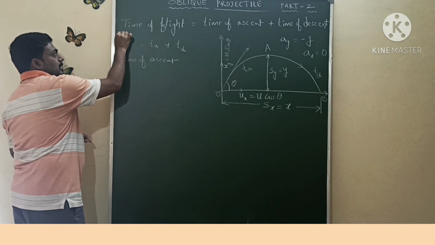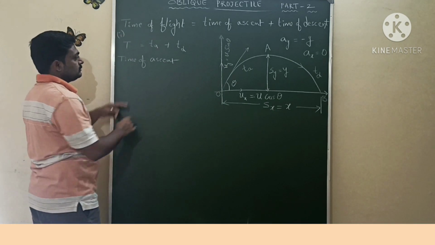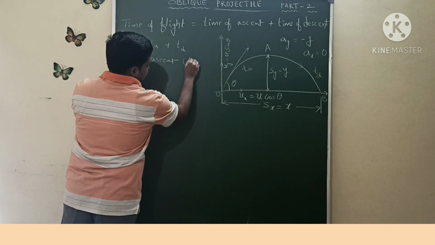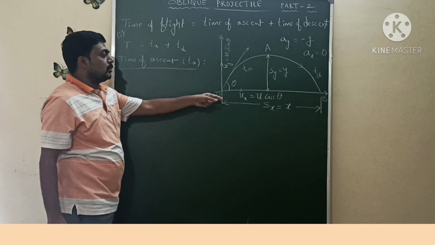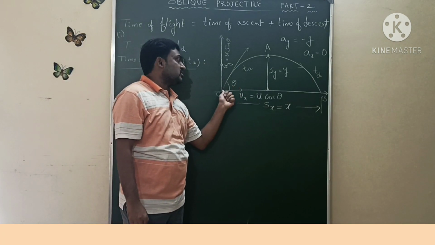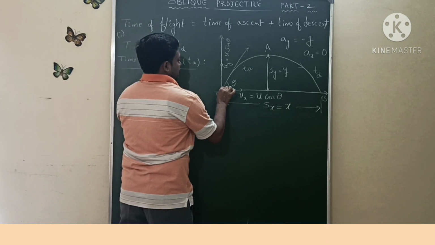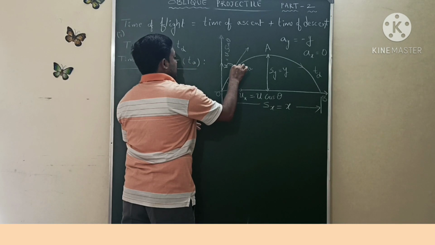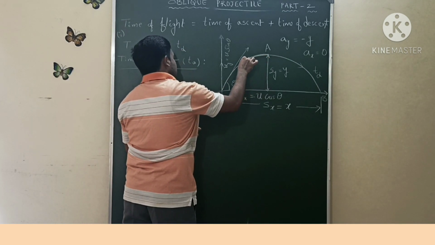This is the first way to find the equation for time of flight. Time of ascent symbol is TA. Already I told time of ascent is the time taken for the projectile from starting point to maximum height. To derive this equation, we should consider only this part.